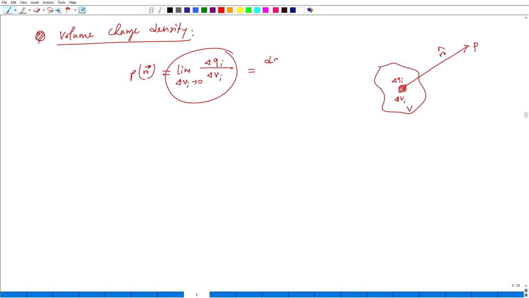This is dq over dV, both continuous variables. So, this is rho of r. What is the dimension? The charge per unit volume, so coulomb per meter cube, the SI unit.